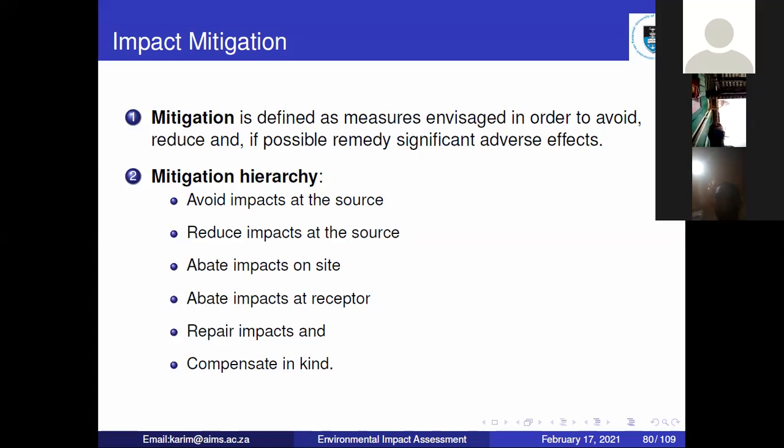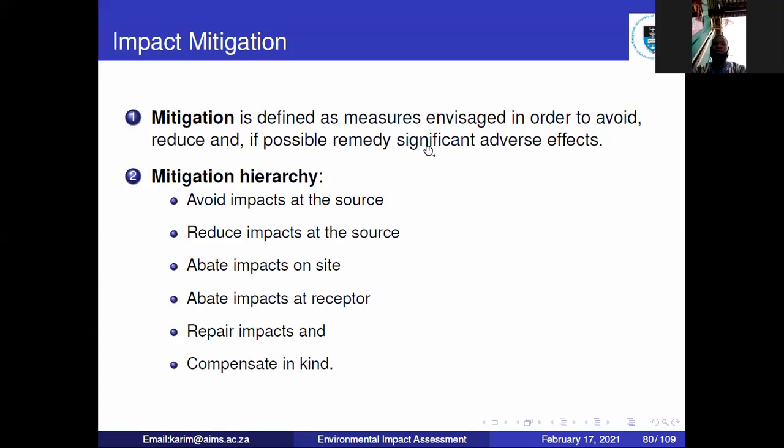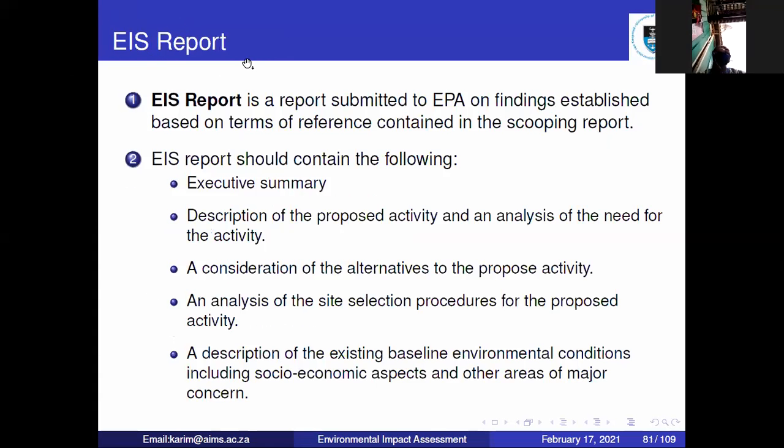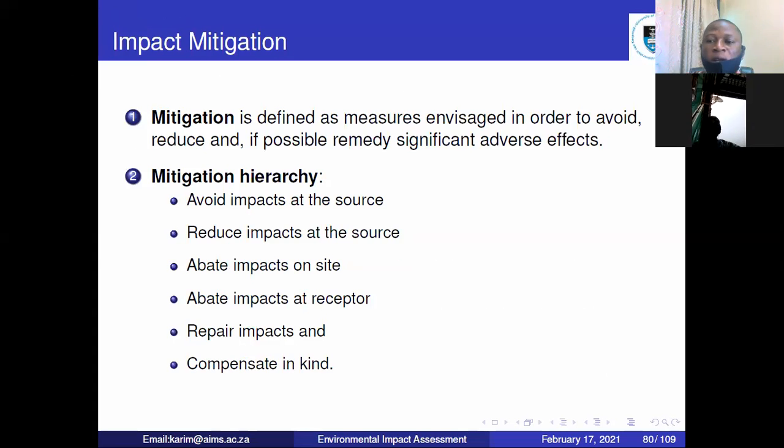These are all tools that one... So these are measures that one will adopt to avoid or to reduce, and if possible, to rectify or to bring a remedy to significant adverse effects that are actually affecting the environment.